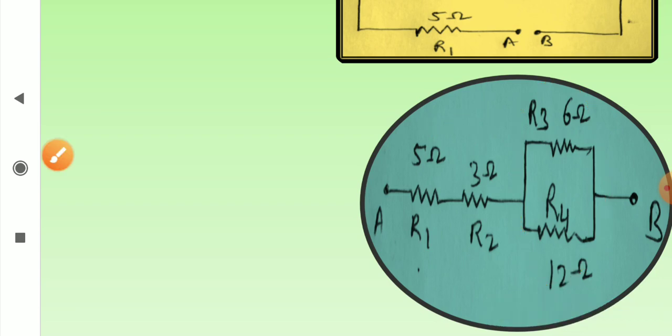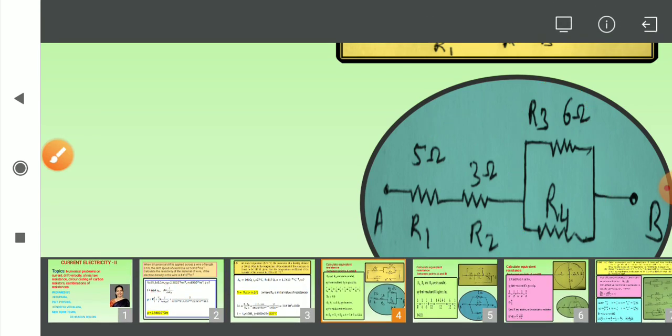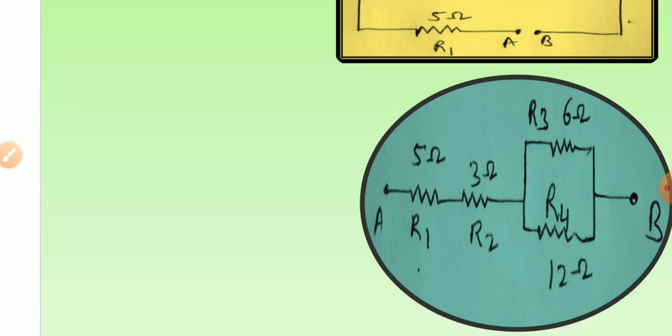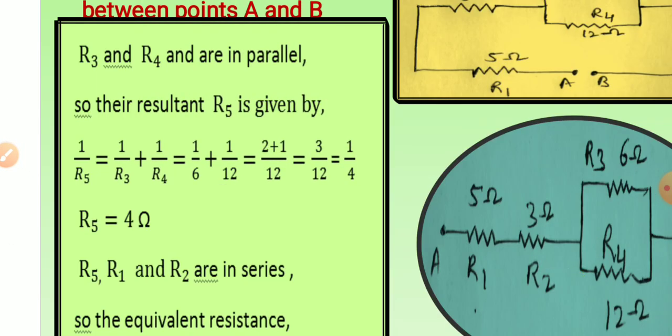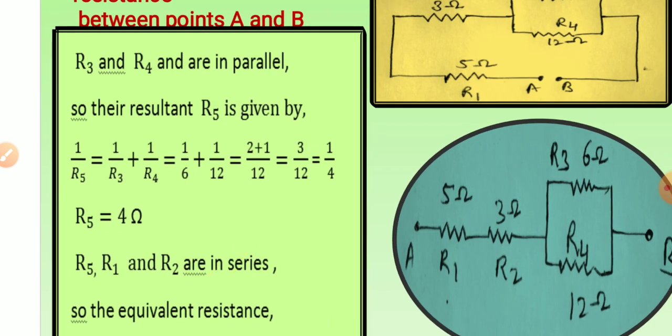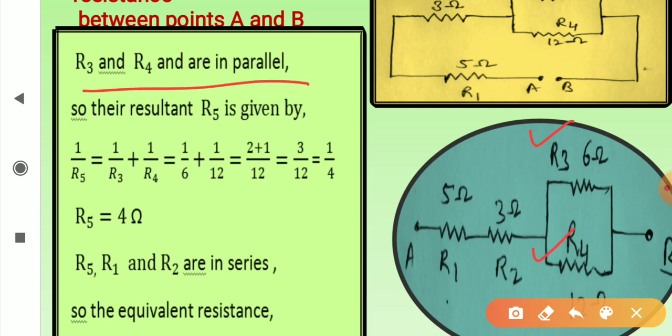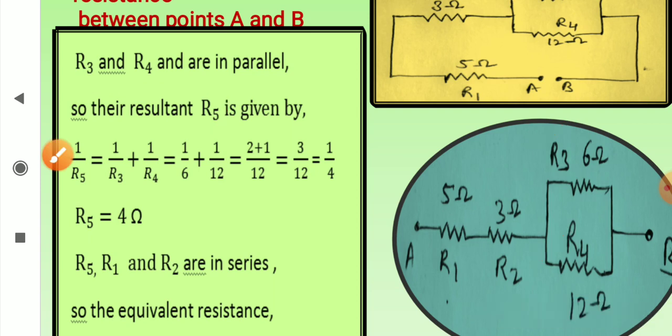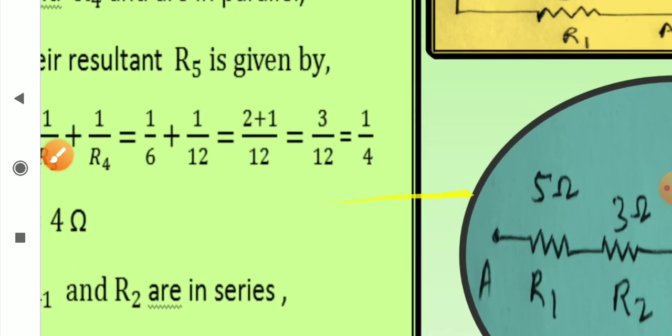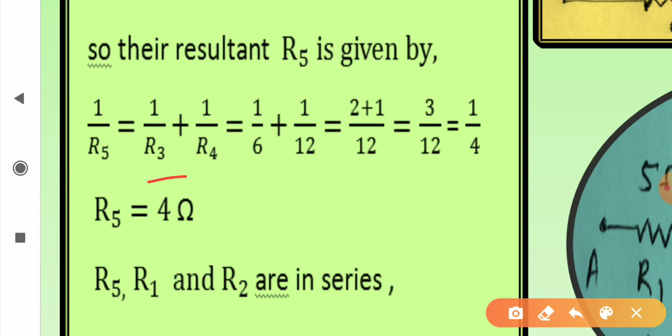Okay. So now we are going to find out the equivalent resistance calculation. See, from the circuit it is clear that R3 and R4 are in parallel. So their resultant, let it be say R5, is given by 1 upon R5 is equal to 1 upon 3 plus 1 upon 4, that is 1 upon 6 plus 1 upon 12.